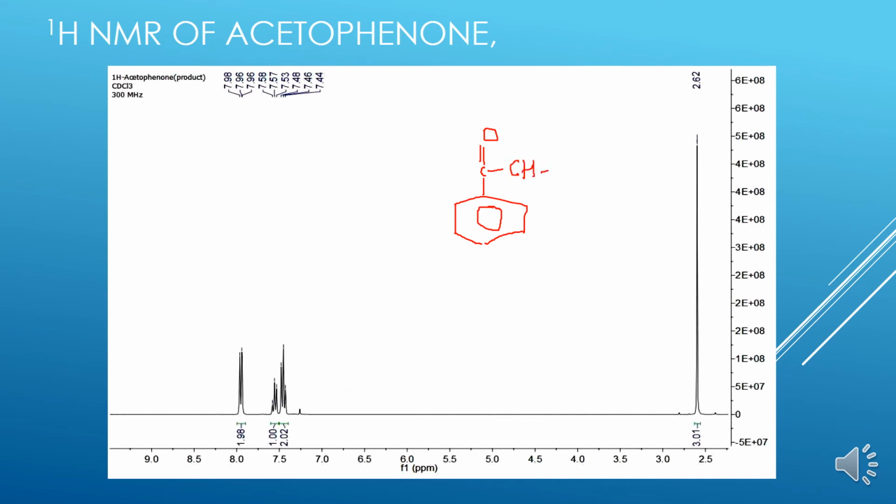This molecule has two different types of protons: one is alkyl group protons, and the other is aryl group protons. The alkyl group protons are labeled as E.